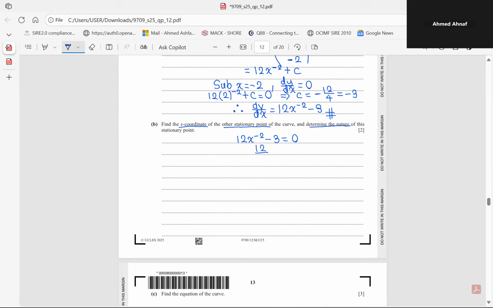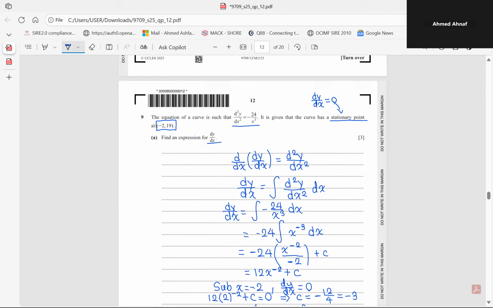Rewriting this, we'll get 12 over x squared equals 3. Now multiplying x squared on both sides, we get 3x squared equals 12. And then x squared would just be 12 divided by 3, which is 4. So in order to find x, just take the square root on both sides. So you will get x equals square root 4, which is plus or minus 2.